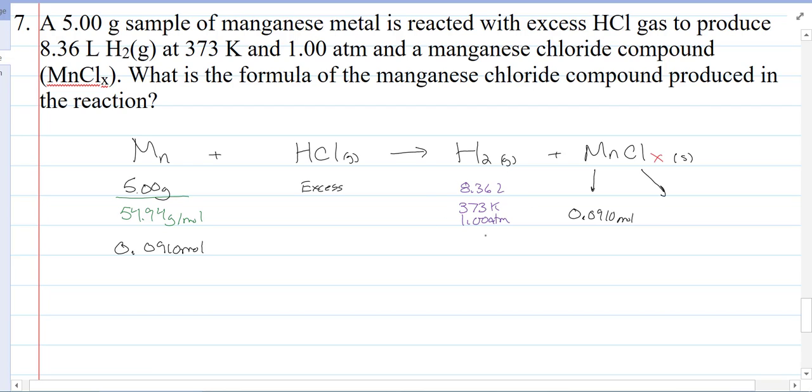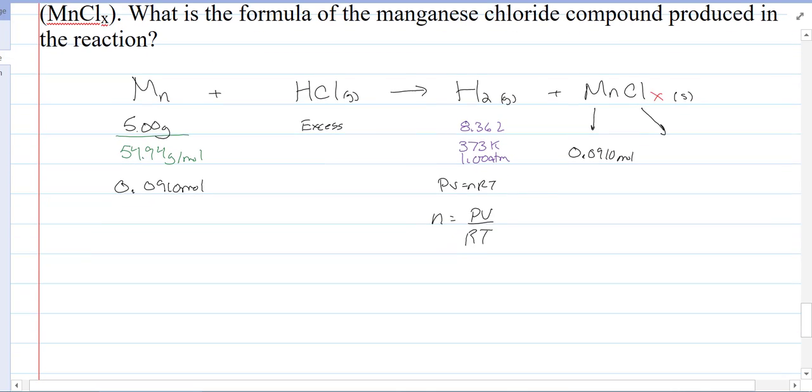But I have this H2 here. Can I use PV equals nRT to get the moles here? I think so.